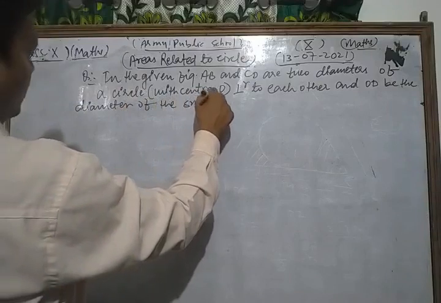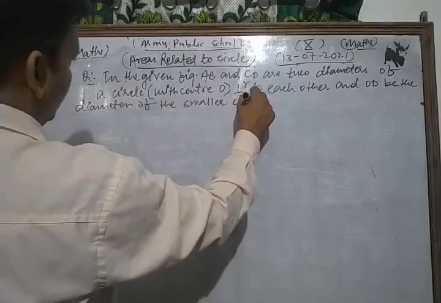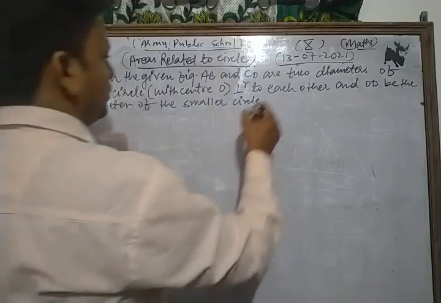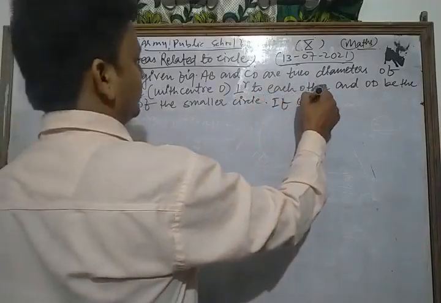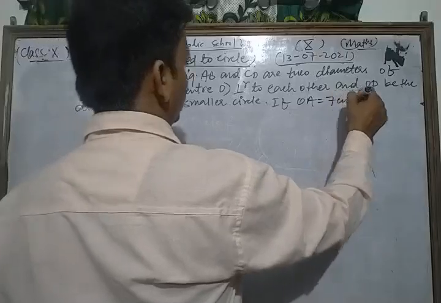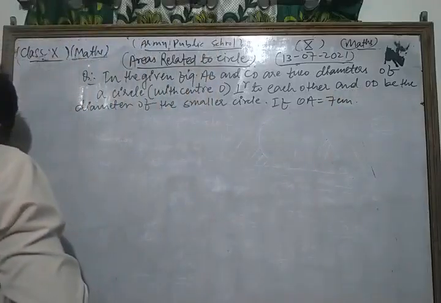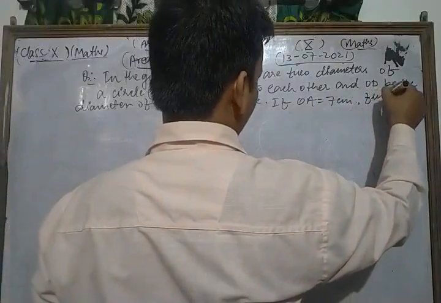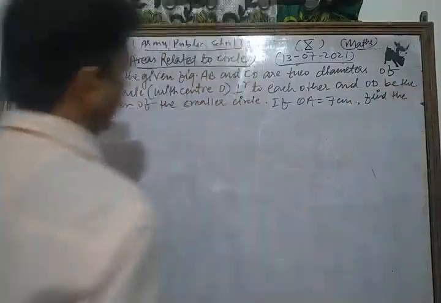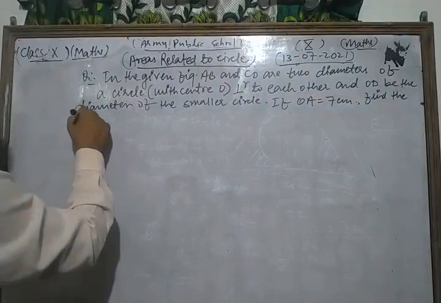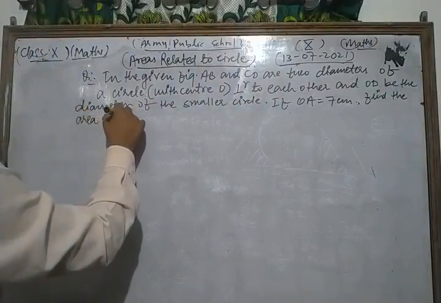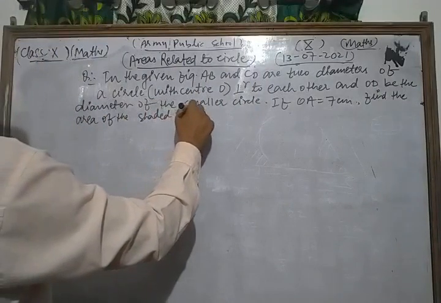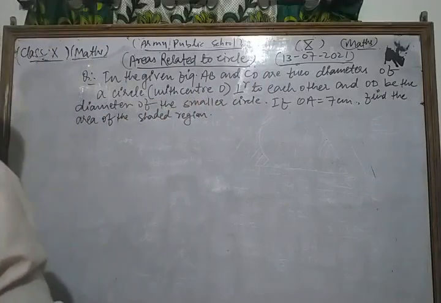If OA is equal to 7 centimeter, find the area of the shaded region.